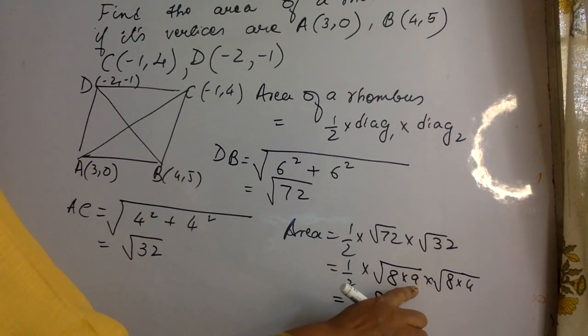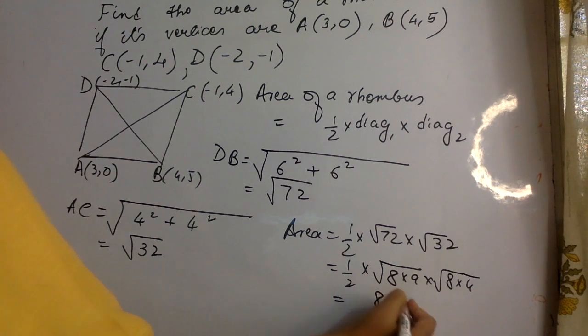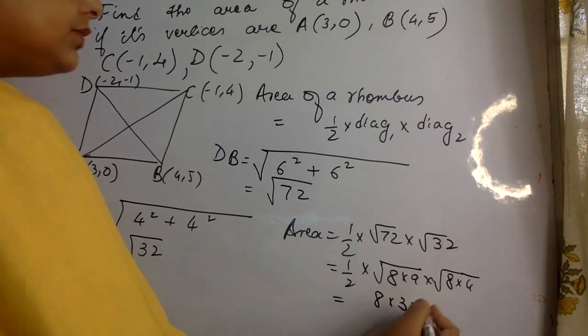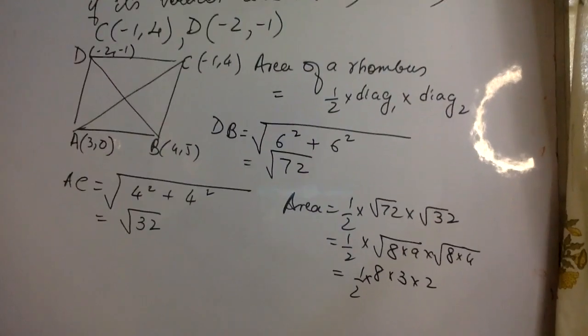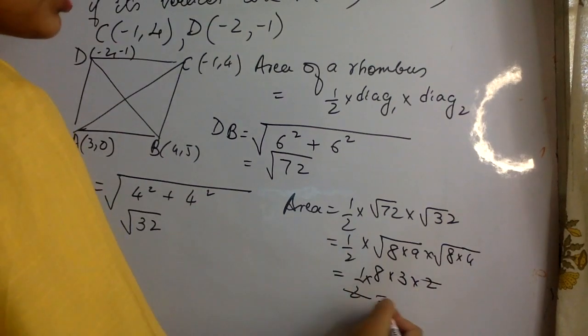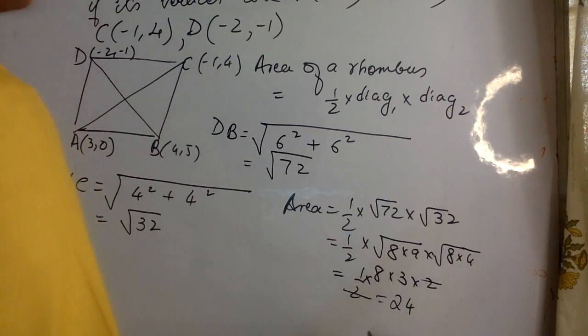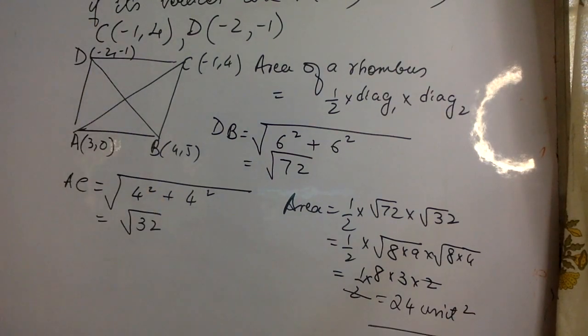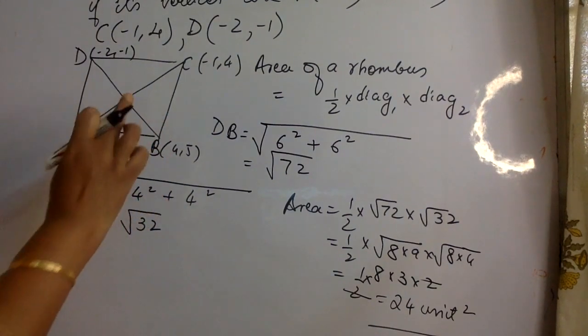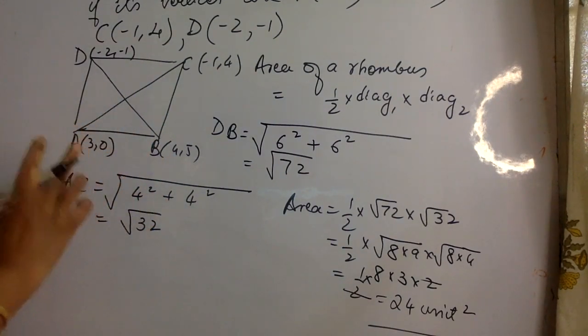Root 9 is a 3, and root 4 is a 2, into the half of the formula. So how much do I get? It is 24 unit square. That is how you should write, because they have not given any unit. So you are going to write unit square. Okay, so 24 unit square is the area of this rhombus.